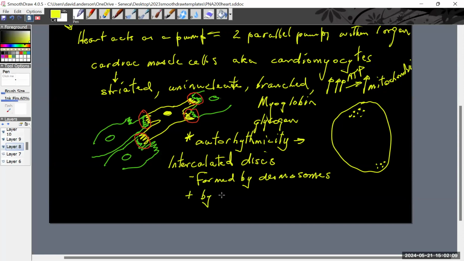And by gap junctions. So that if we looked closer at an intercalated disc, let's go to another page here. So we're talking about, here's cell 1, and our cell 2 might be kind of locked a little bit together like that.